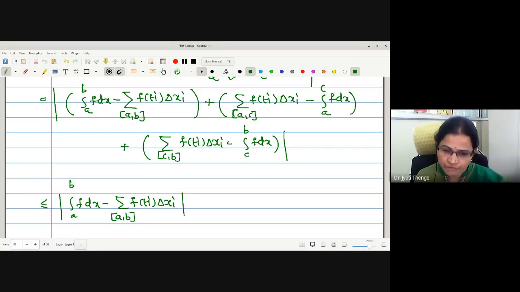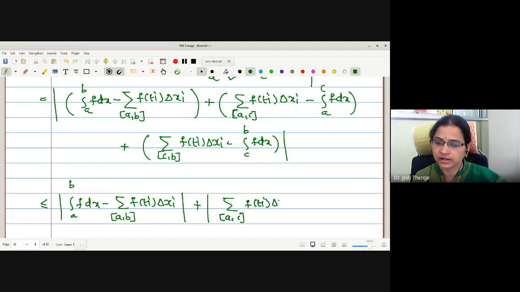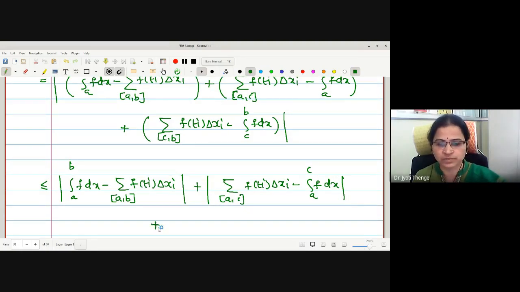This is the first modulus, added with the second modulus: summation on AC f of ti delta xi minus integration a to c f dx, and added with the third modulus, which will be the summation.